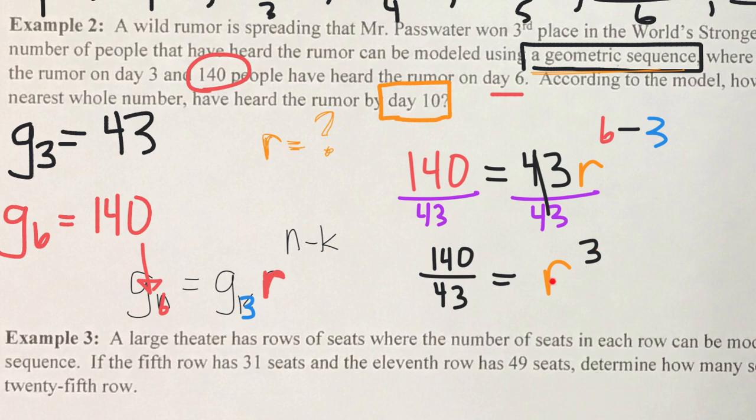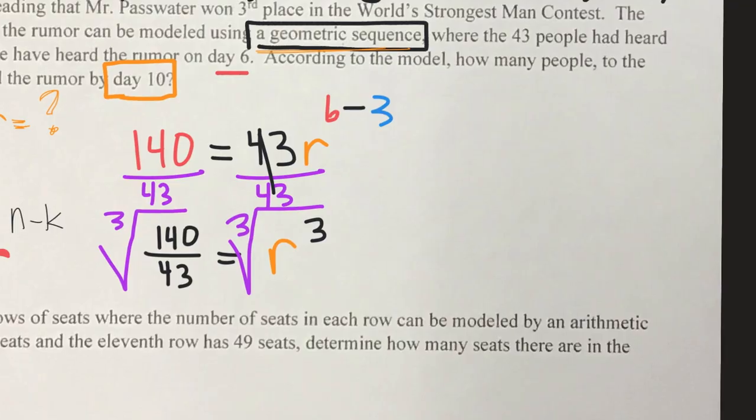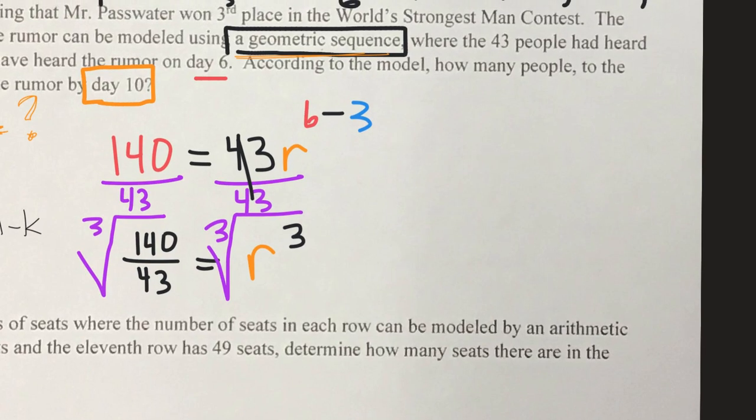Okay, so now we want to solve this equation for r, but how do we solve something if it's raised to the 3rd power? We take its 3rd root, also known as the cube root. So if we have something raised to the 3rd power, we take its 3rd root.